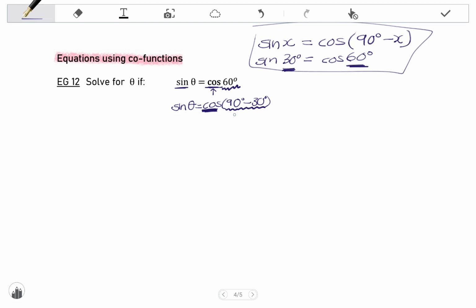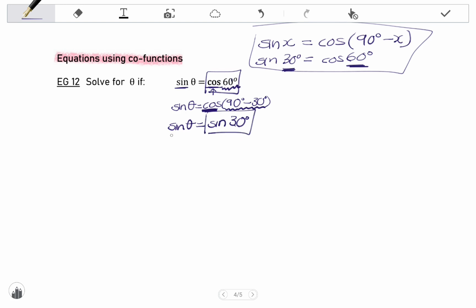But as soon as I reduce to the complement, then I go to the co-function. So sine theta equals, going to the complementary angle, I change it to sine 30 degrees. So cos 60 is equal to sine of the complementary angle.